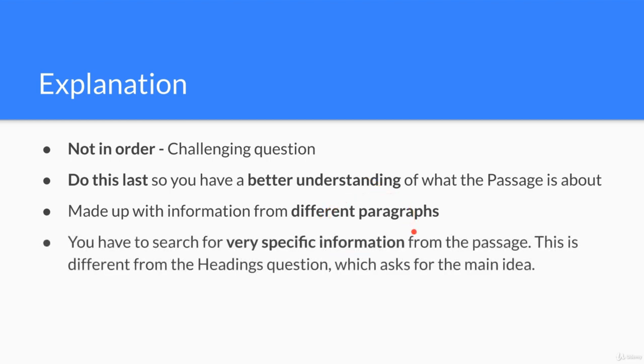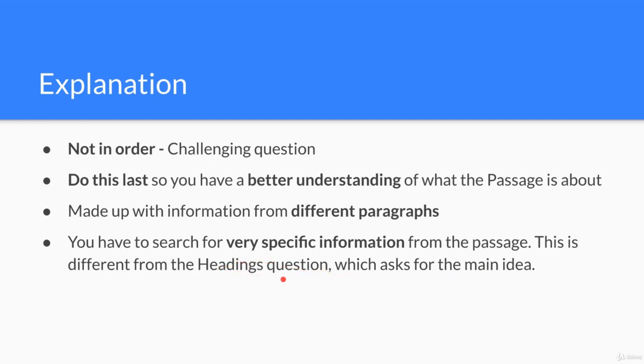And here's the thing about this question. In the paragraph location question, you have to look for very specific information. In the question, it's going to ask you for very specific information, and you have to look for that specific information. This question is different from the headings questions. We're going to cover the headings question in a later video, but right now you just need to understand that the paragraph location question asks for very specific information, whereas the headings question asks you for the main idea of a certain paragraph.